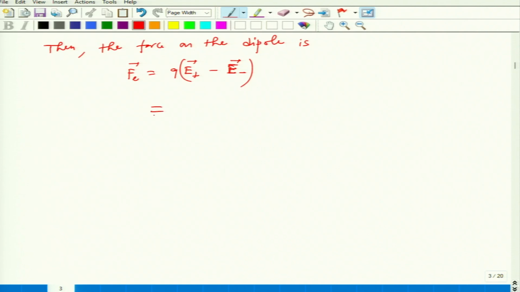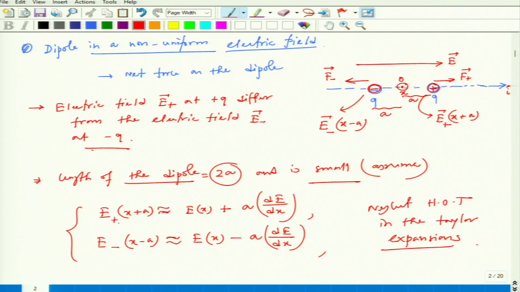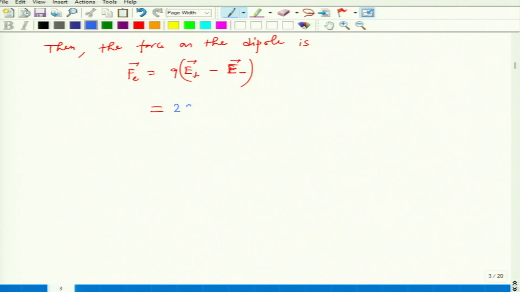Now we put the two expressions in, and we finally get 2qa d/dx times i cap. We consider the dipole placed on the x axis, so that is why the i cap.